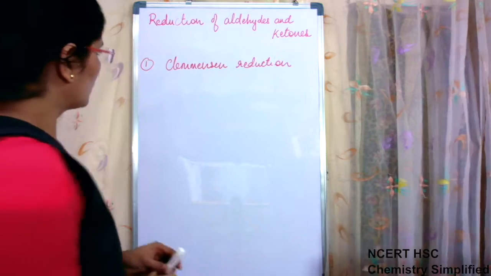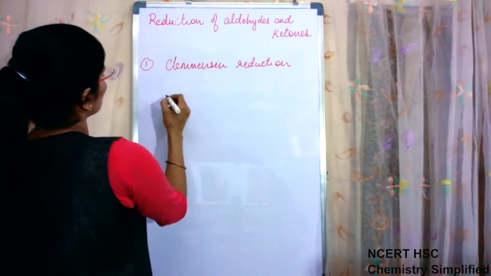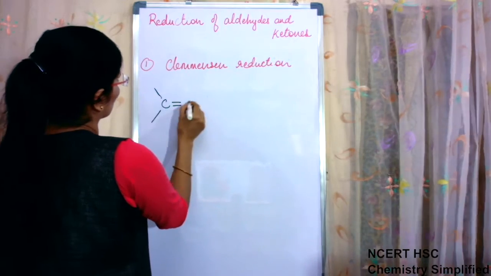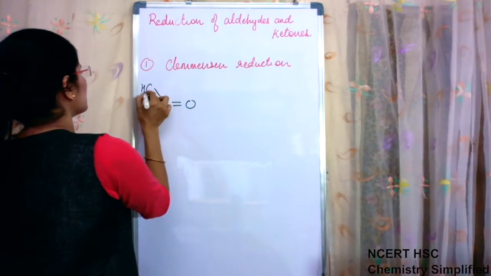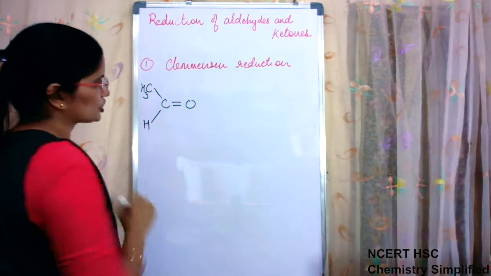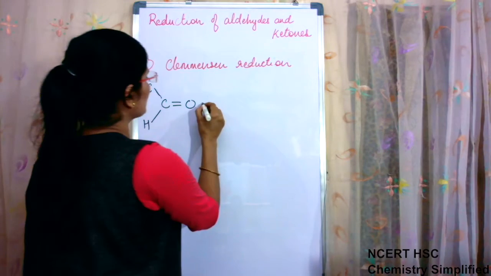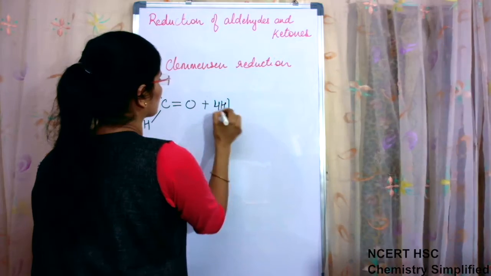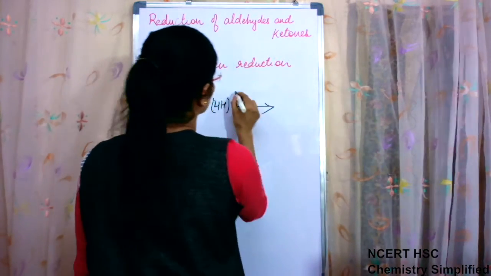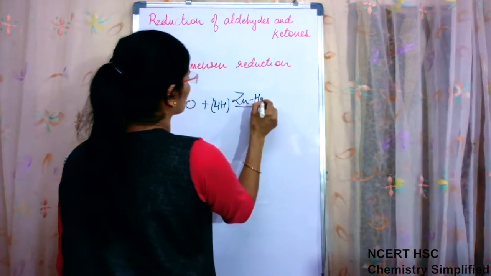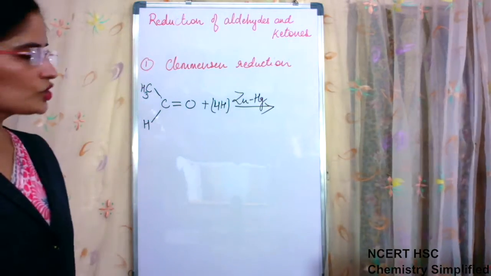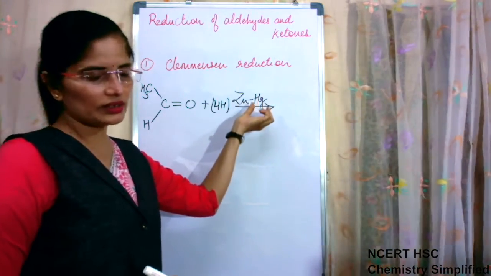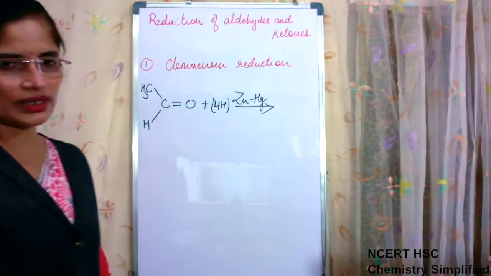In Clemmensen reduction, what is there? Let us take the aldehyde CH3CHO. When the aldehyde is reduced in presence of zinc amalgam, any metal dissolved in mercury is known as amalgam.